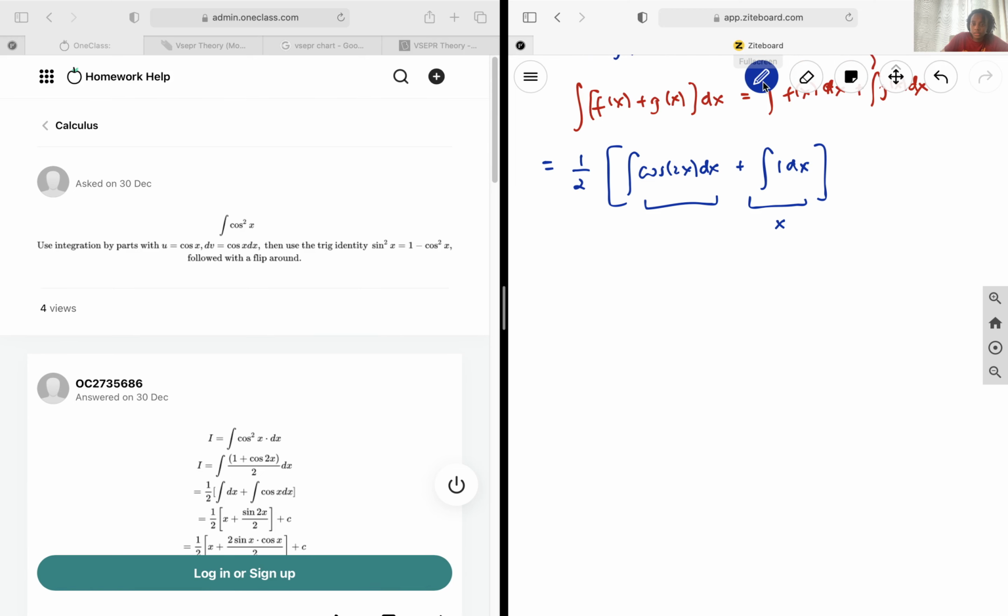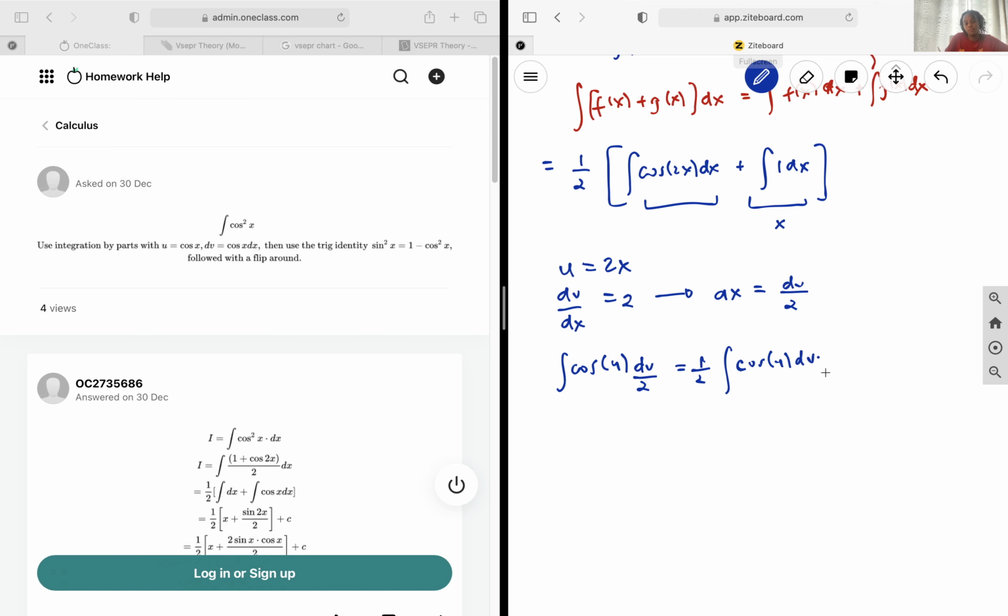So let's go ahead and do that. We're going to be setting u as equal to 2x for this one, which means du over dx is going to give us 2. So dx is equal to du over 2. When you substitute that all in, we get the integral of cos u, and then you put in our dx, so du over 2 is going to be equal to 1 over 2 multiplied by the integral of cos u du.